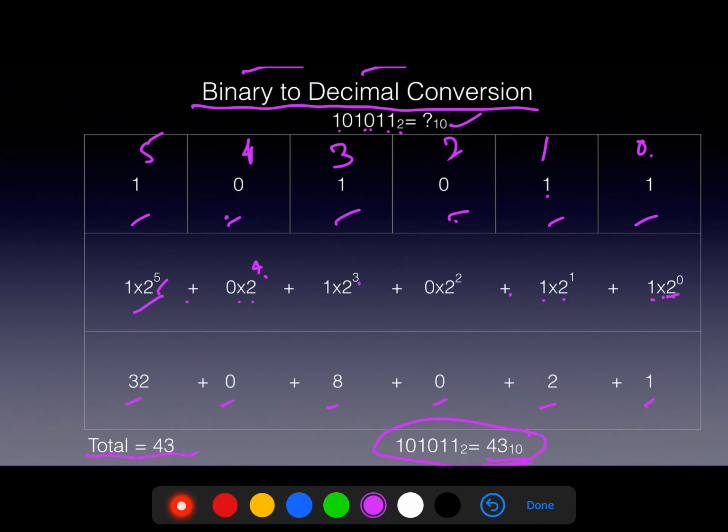So if the total is 43, it means 101011 base 2 has the decimal equivalent 43. In this video we have seen how we can convert a decimal number to binary and now binary to decimal. These two methods are quite common and quite easy to work with.